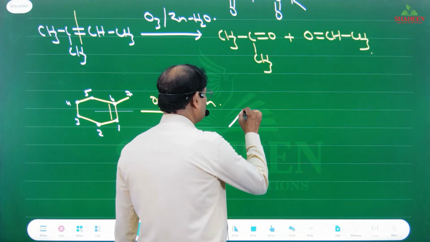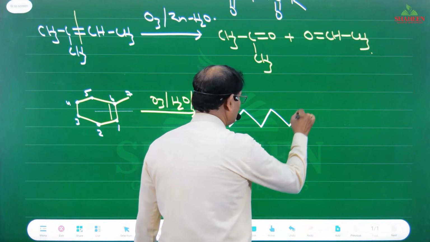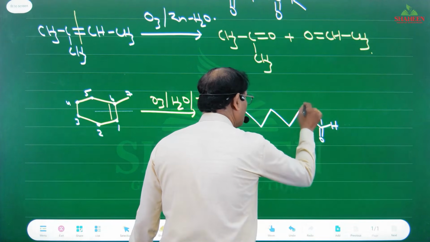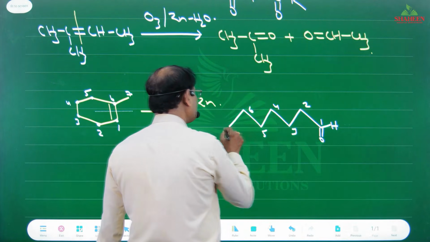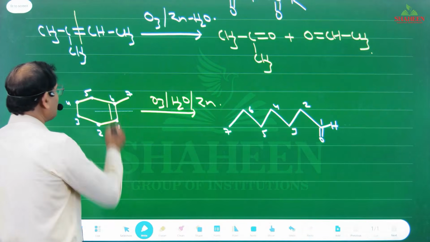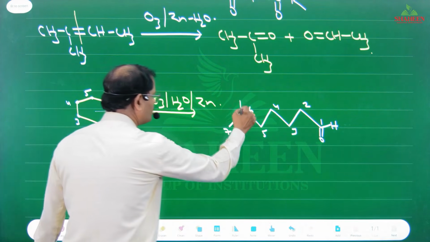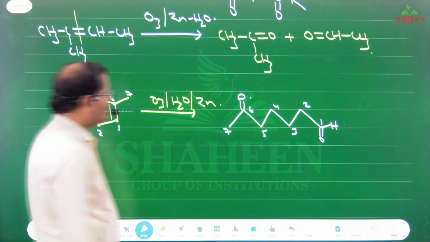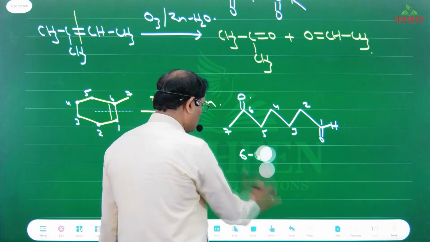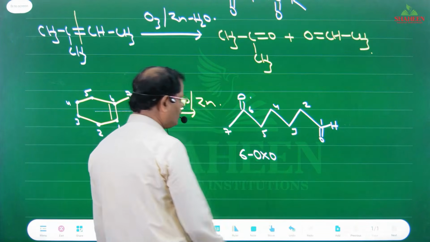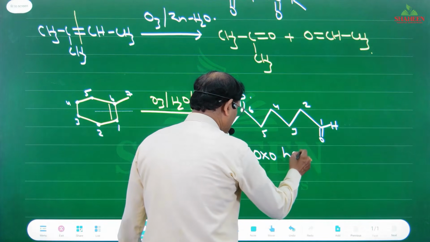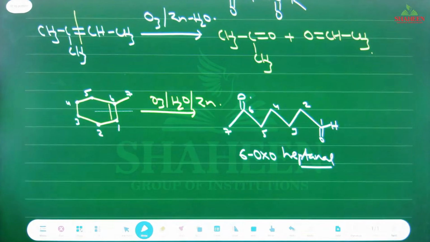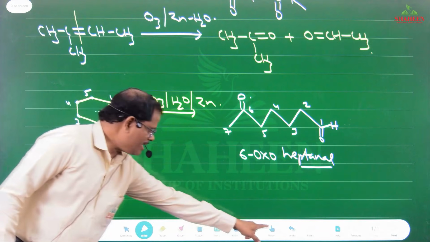The first carbon atom has a double bond to O, and the sixth carbon atom has a double bond to O. This is the compound we get by ozonolysis. So what's the name? The name of the compound is 6-oxo heptanal.